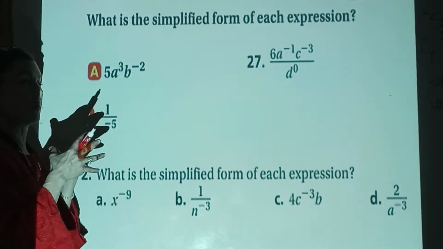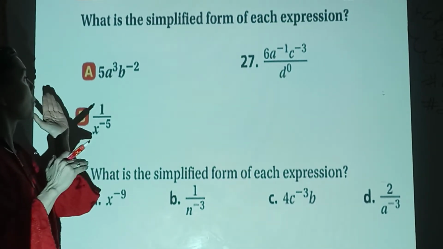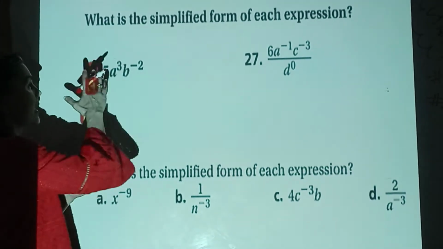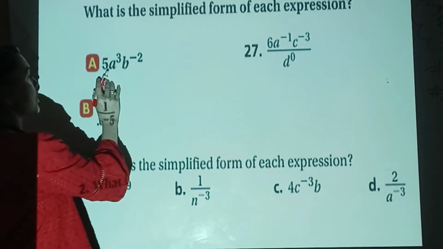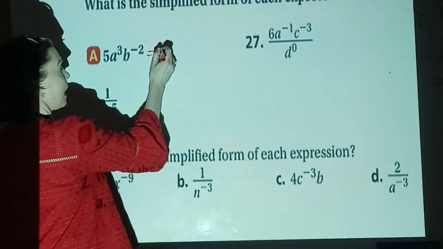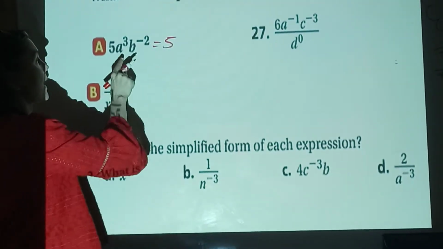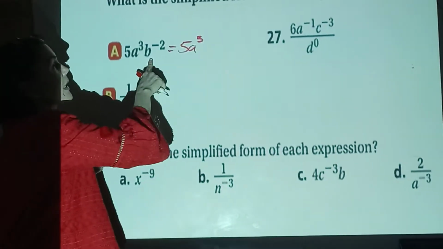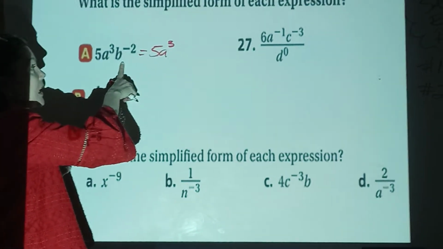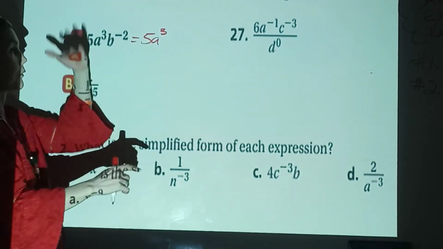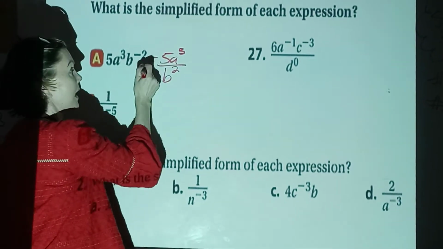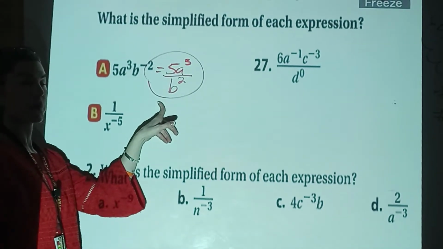All you have to do is address one element in that expression at a time. So the 5, there's nothing wrong with the 5, so we just bring over the 5. A to the third, that's fine, so we just bring over a to the third. But we cannot have a negative exponent, so that has to be flipped down to the denominator to get rid of that negative exponent, and that is your final answer, okay?